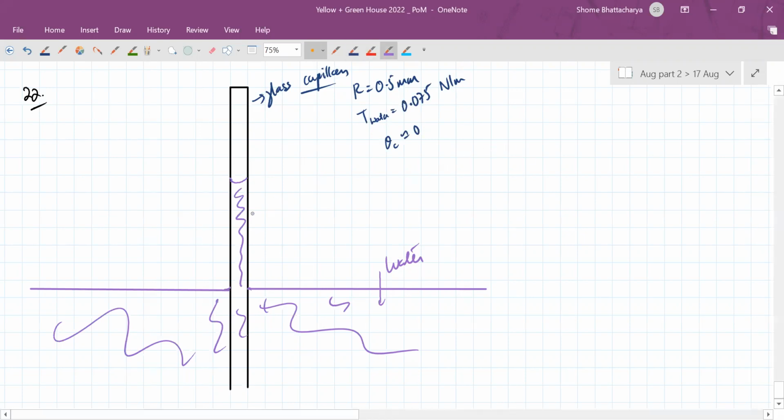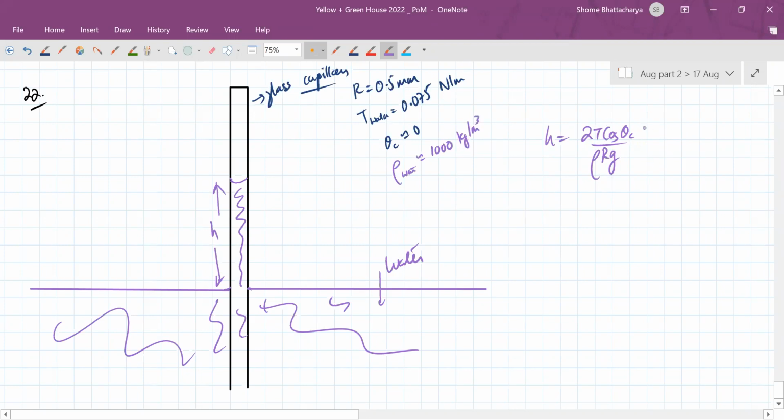So this capillary height, first let's calculate that. So h is equal to, density of water we'll take as 1000 kg per meter cube.